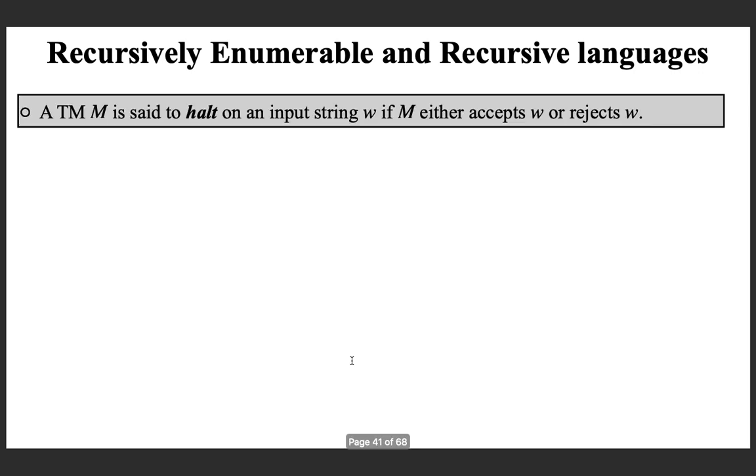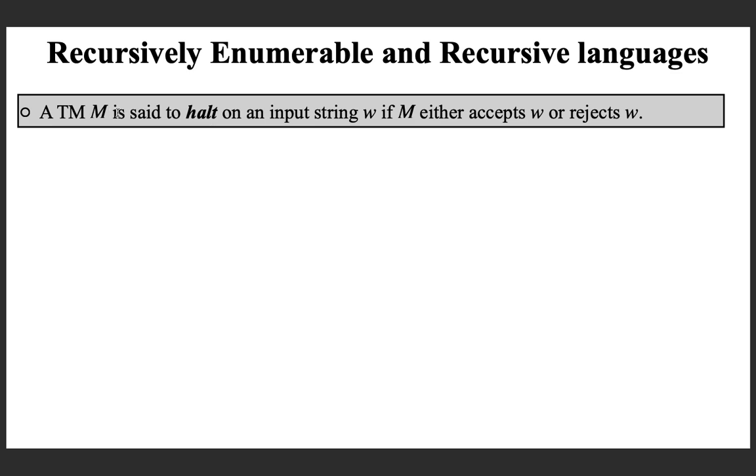Now we are going to look at two classes of languages, namely recursively enumerable languages and recursive languages. These are two classes of languages. And before we define them, let us look at another term, which is halting, which is a very important concept in Turing machines.